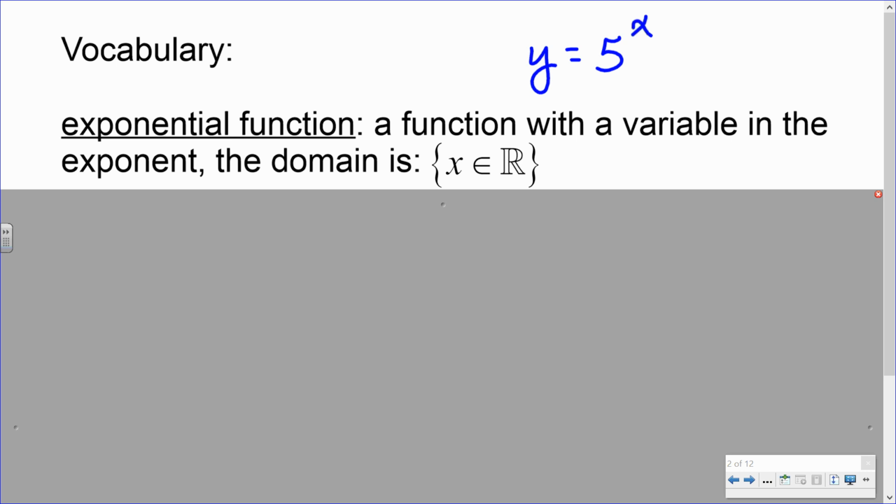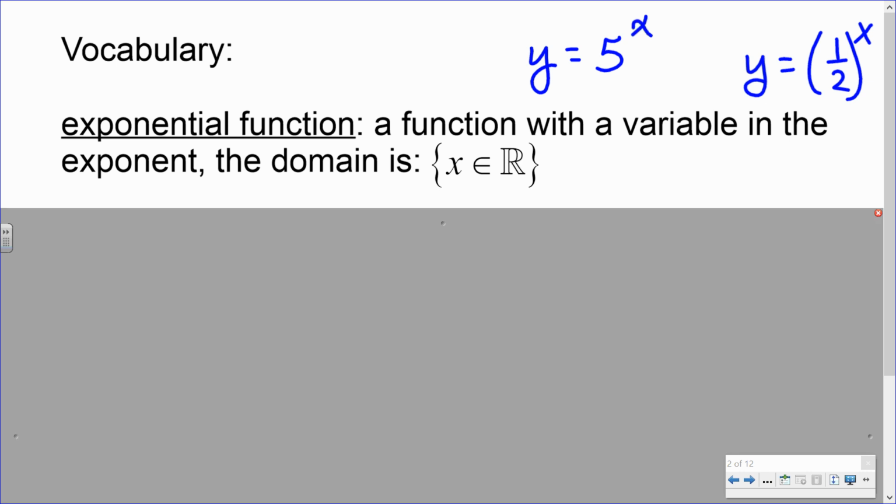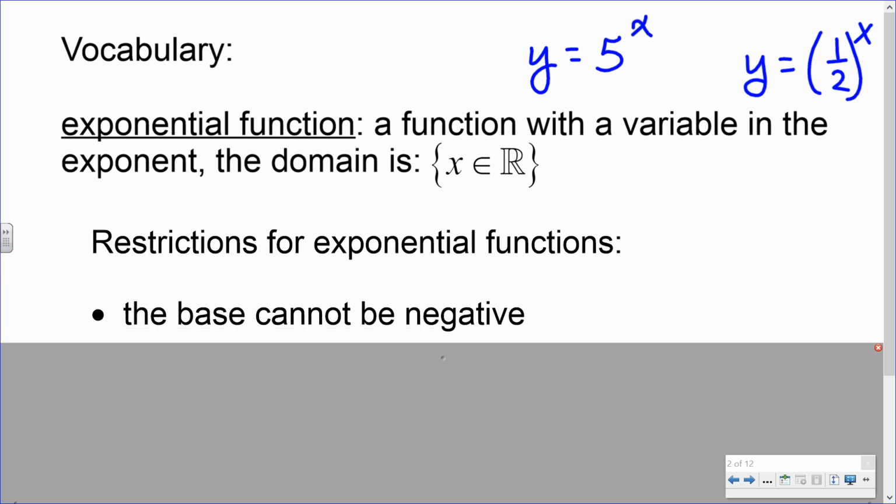So I could have y equals 5 to the x. I could have y equals a half to the x. I do have some restrictions, though. First one, the base cannot be negative. Because what would happen if I had something like -2 to the x?